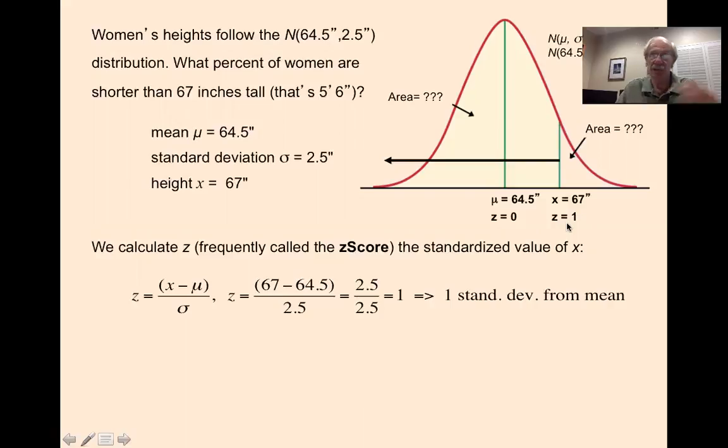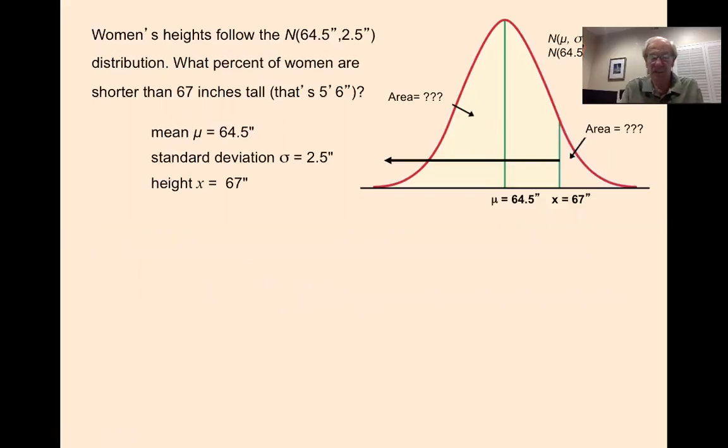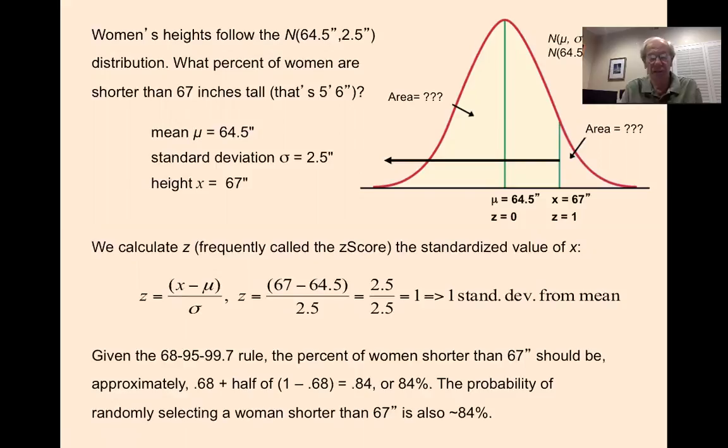I go look up in my table and find that I can use the 68-95 rule, that the probability of being less than 1 is about 84%.